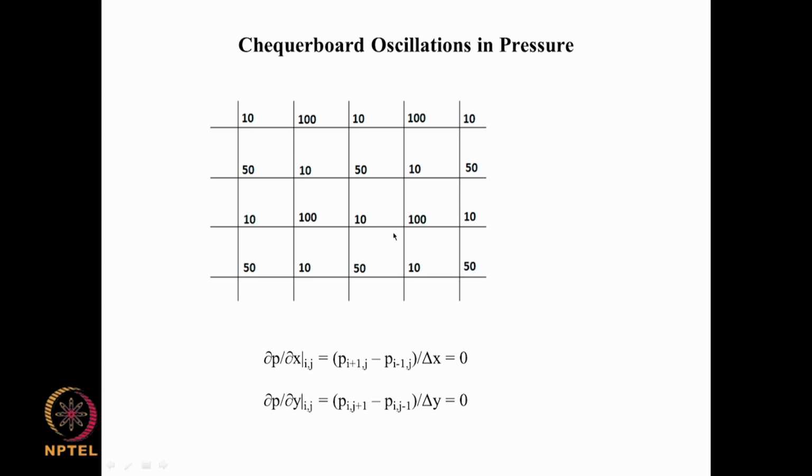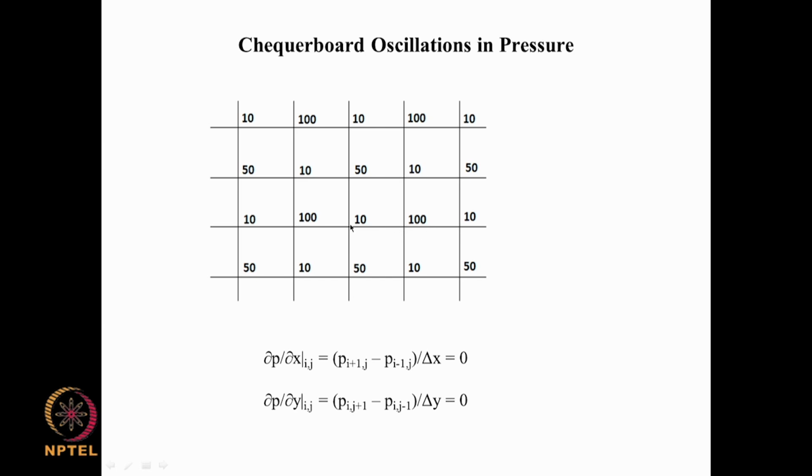So even though we see a change in pressure here, as far as the momentum equations are concerned, the pressure gradient is 0. So a pressure field which is varying strongly with the grid at the smallest level, 100, 10, 100, 10 like this, and 50, 10, 50, 10 in this direction, it does not matter what the numbers are.